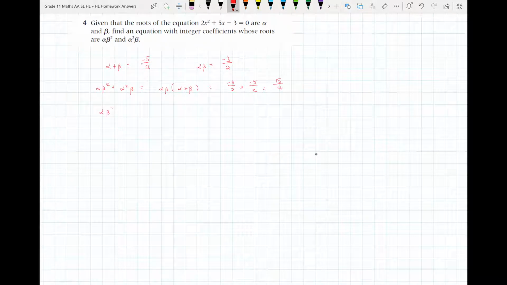And the product, so the equation is that.